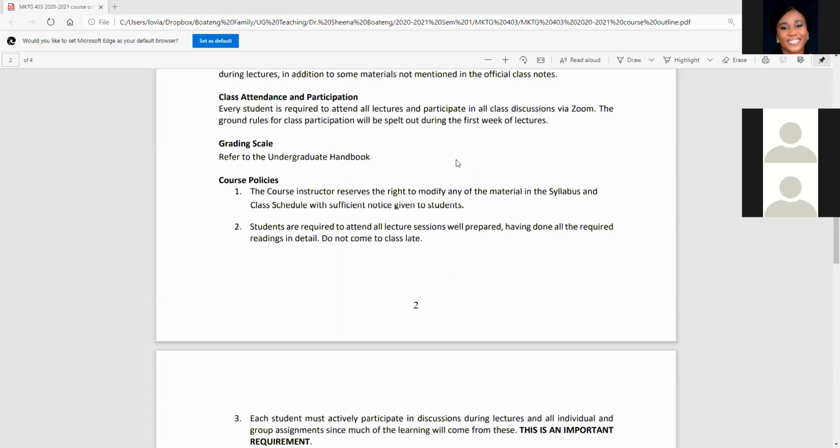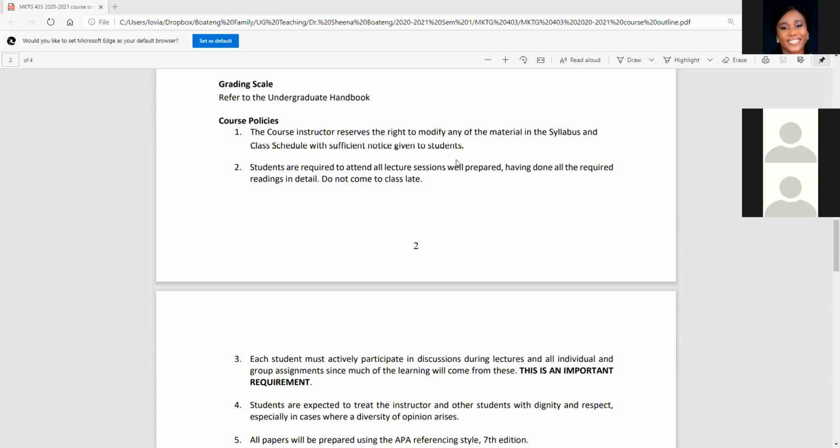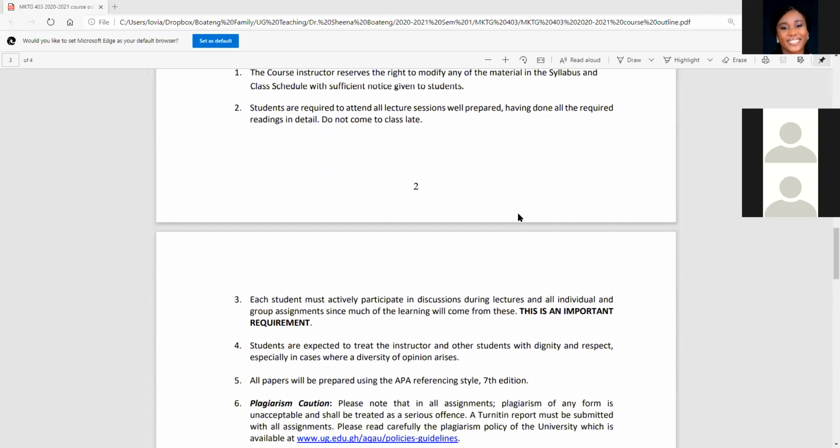Okay, moving on. So like I was saying, there's bound to be a difference in opinion. Please make sure that when there's a difference in opinion, you treat each other with respect and dignity, because that difference in opinion does not mean that the person is less than.